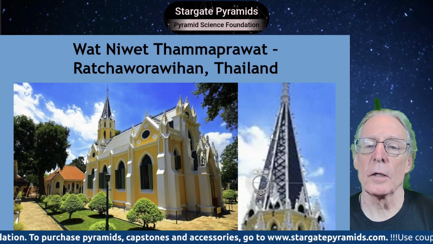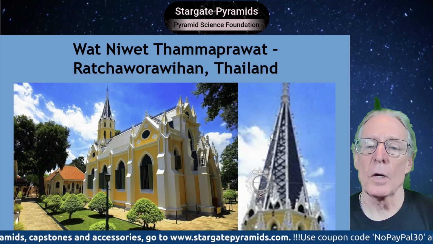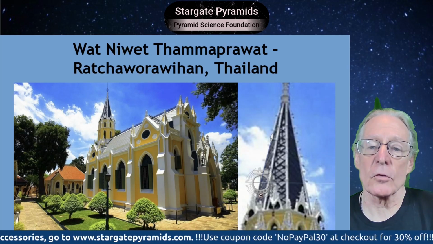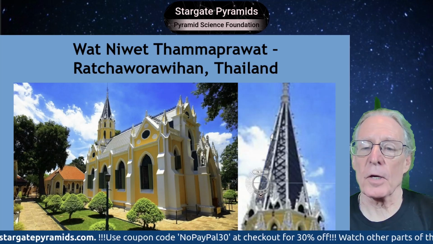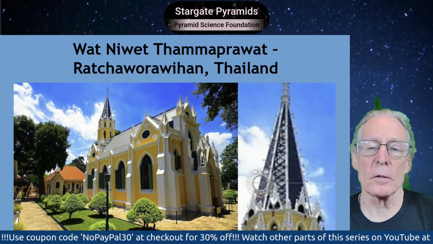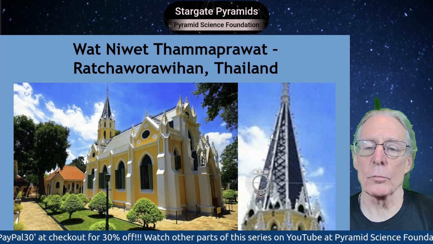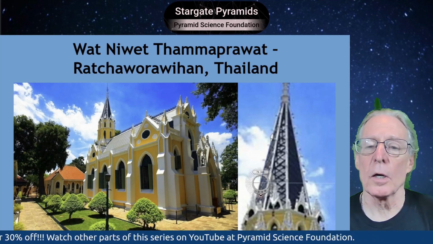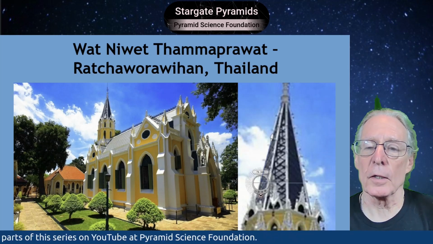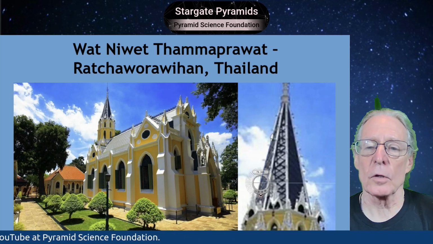Now here's an interesting, more contemporary structure. It's the Wat Ni Wat Thamaprat. You can see that it looks just like some of the Gothic and Neo-Gothic churches and cathedrals we'll be talking about in part 4, but here it is located in Thailand and used as a Buddhist temple.